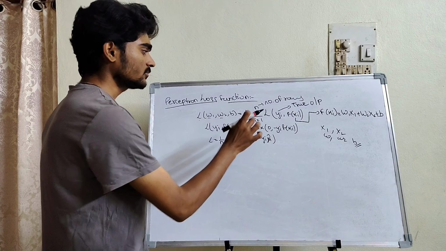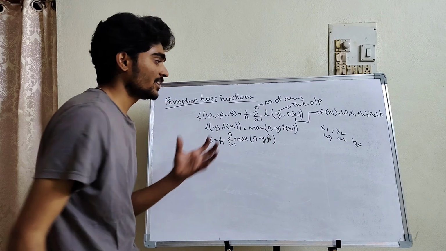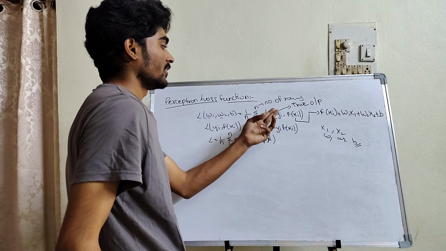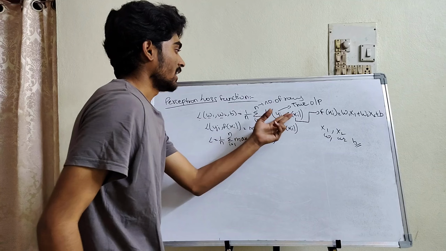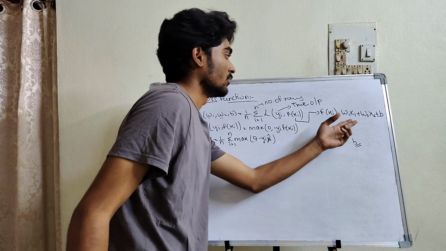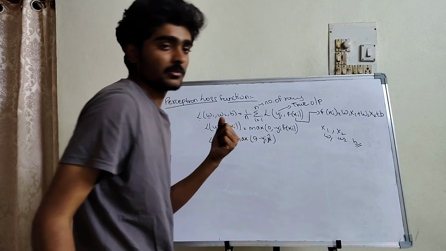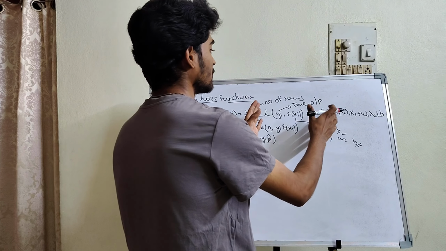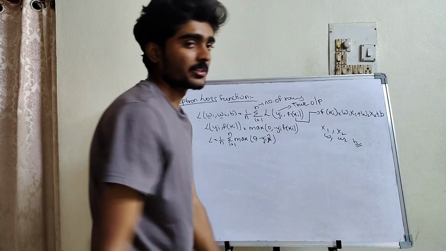Okay, for each row loss is calculated between yi, the true output, and f of xi. f of xi is w1 x1 plus w2 x2 plus bias b. Okay, loss is calculated between this true output and predicted output.